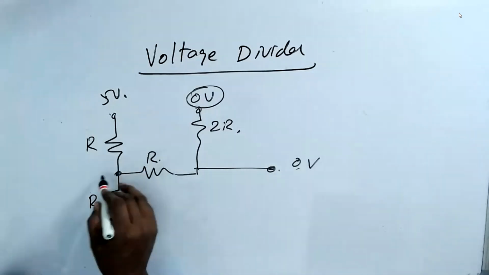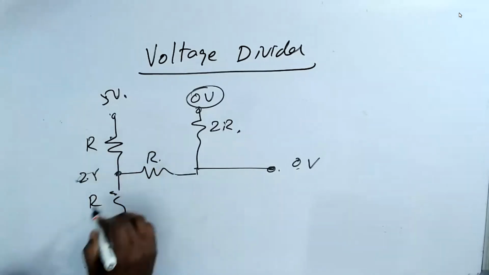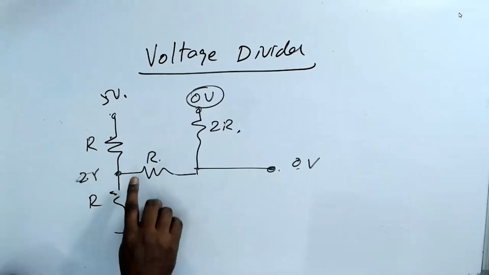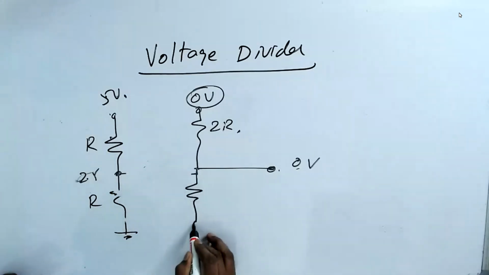Here you get 2.5 volt. That's correct, the divider.